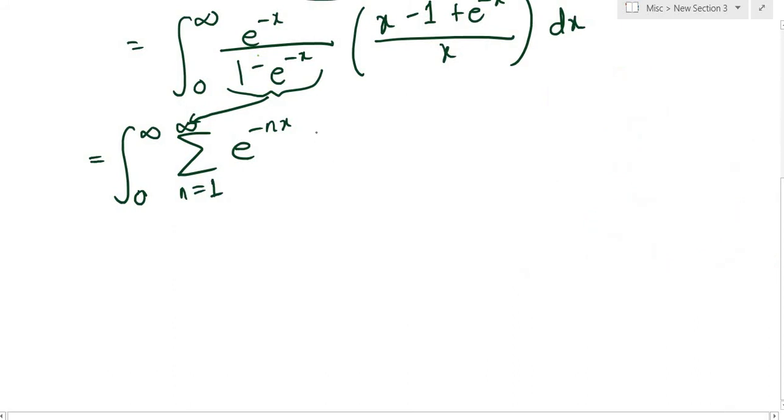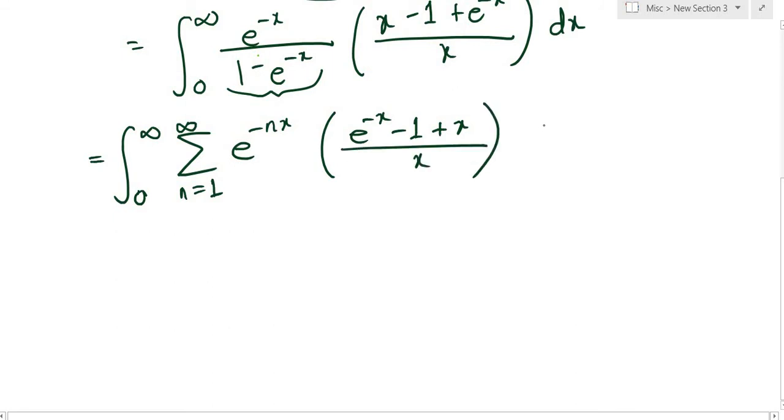So basically we have successfully converted this term into a geometric series notation. And in the meantime, everything else in the bracket remains the same. So we have e raised to negative x minus 1 plus x. I just changed the order of this thing, divided by x, and dx as it is.